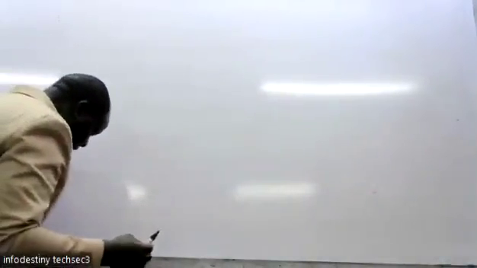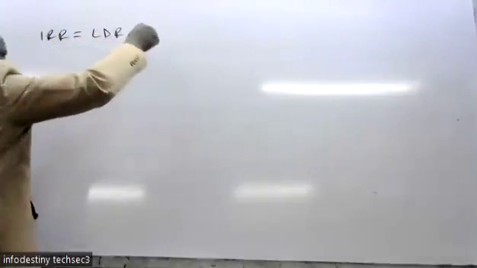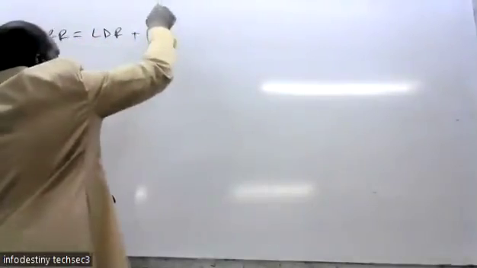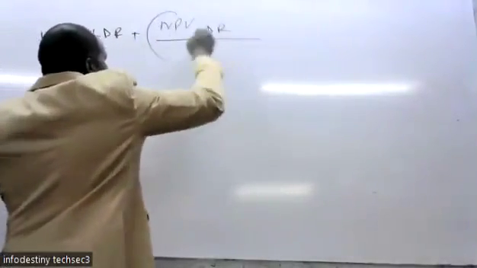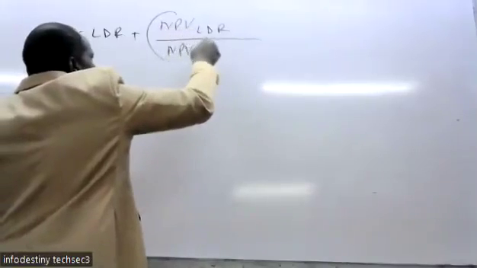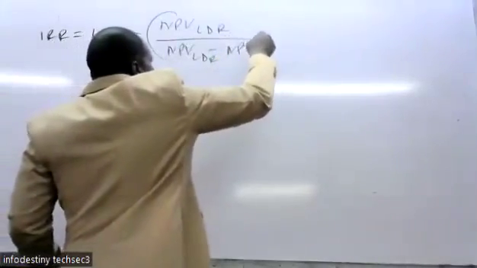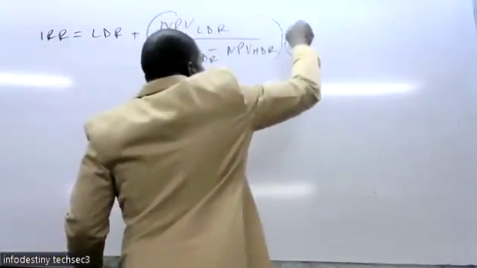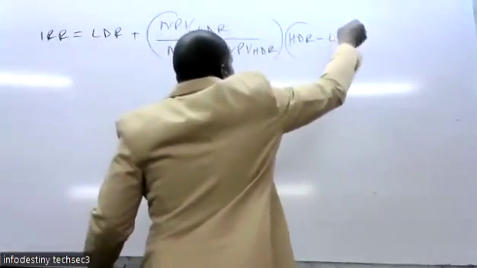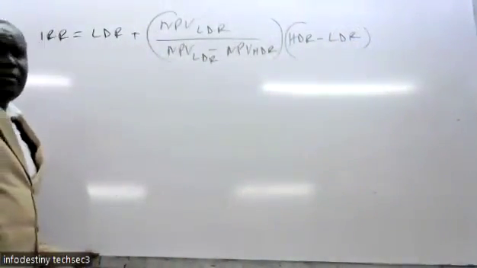So when you want to get the IRR, the IRR is given by the lower discount rate plus NPV of the lower discount rate, divided by NPV of the lower discount rate minus NPV of the higher discount rate, then multiplied by higher discount rate minus lower discount rate.